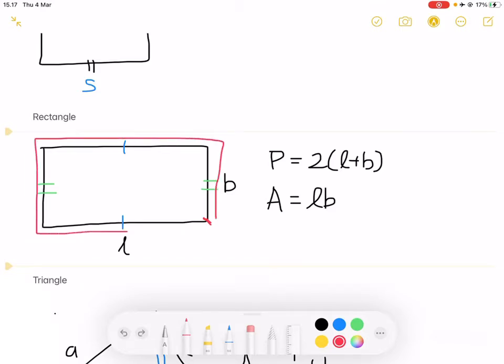I'm just going to draw this. There we go. So the question is, how long is this distance? So that's it for the perimeter. And the area for a rectangle is just the length times its breadth, or L times B.